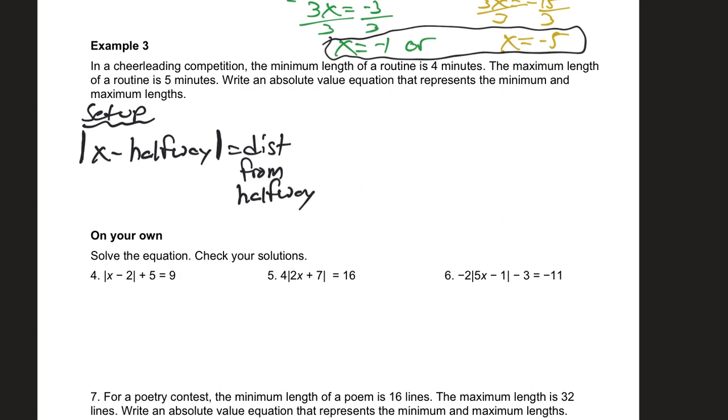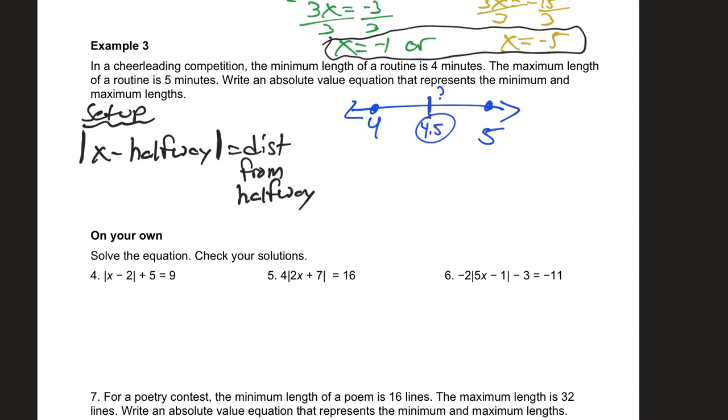So how does that look in this problem? I'm going to make a little number line here just to show you what this would look like. If I have 4 minutes, that's the minimum, and the largest is 5, what's the halfway point? The halfway point is 4.5.